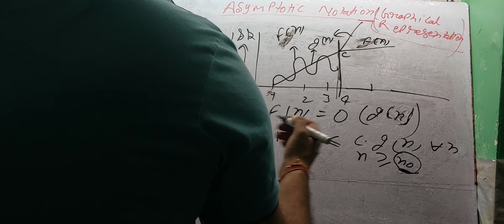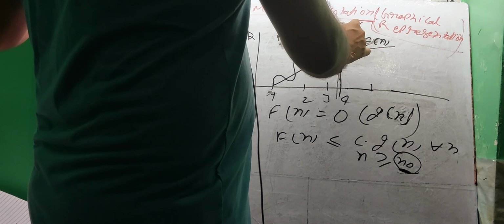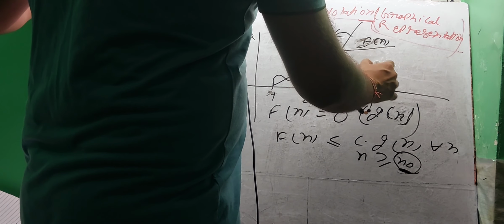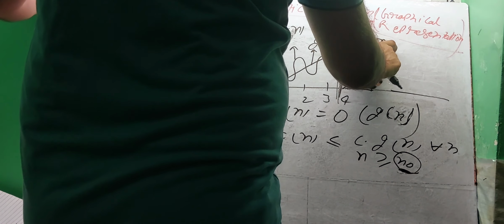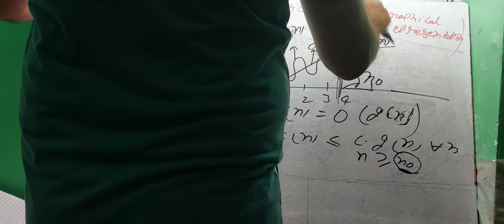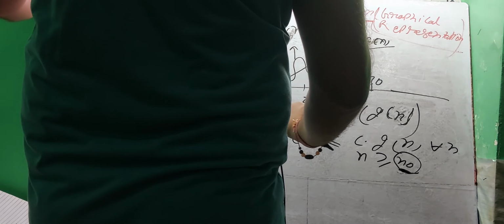From n naught, for any value, using the constant c, f of n is always lesser than or equal to g of n from this point. This is n naught. That is, for all values greater than or equal to n naught, g of n is greater than or equal to f of n. This is the big O notation.